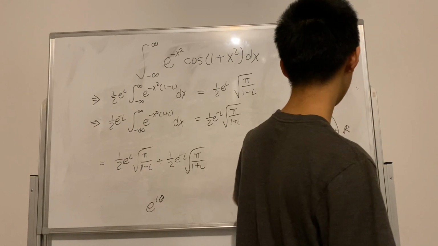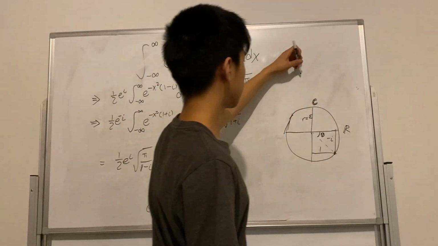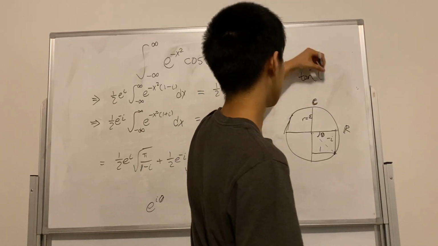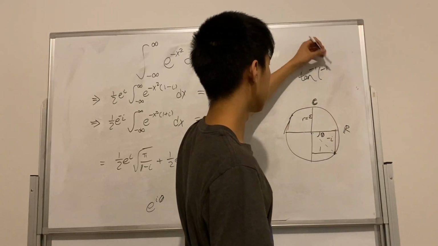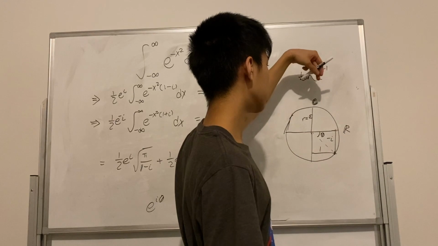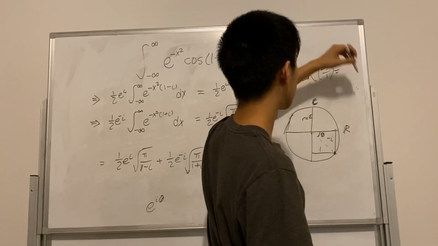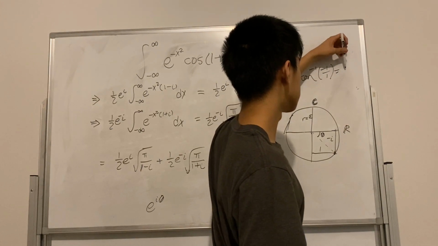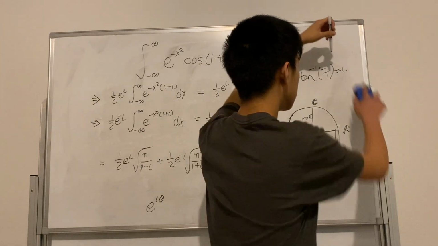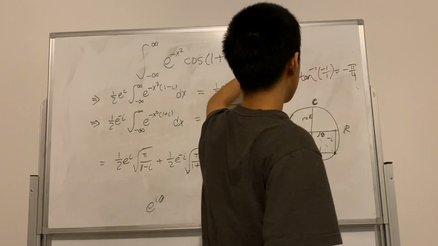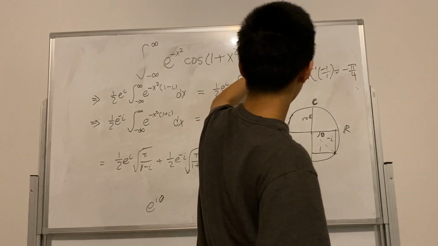So this is in the fourth quadrant. That's inverse tangent of negative 1, because it's negative 1 in the y direction over 1. So our argument is going to be negative 45 degrees, or in this case, negative pi over 4. That's argument 1.